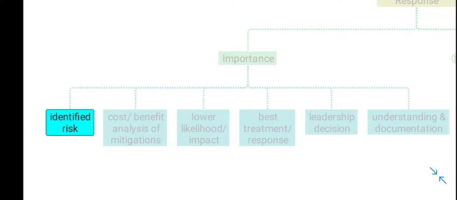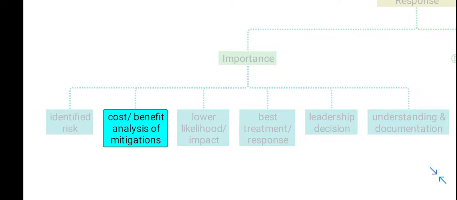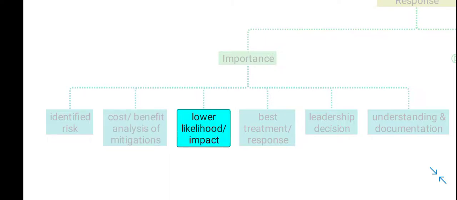Now, after an organization has identified the risk to its operations, then it performs cost benefit analysis of the countermeasures to lower the likelihood or the impact of the threat.